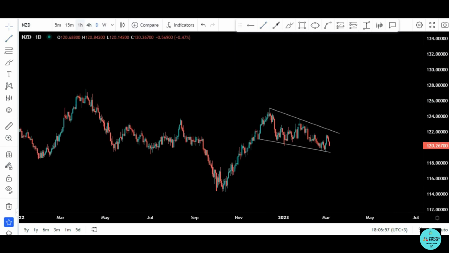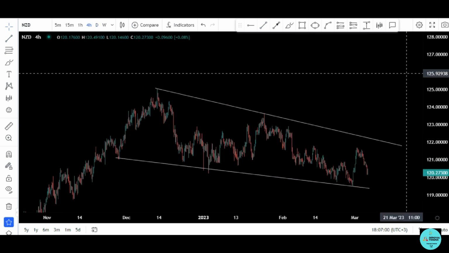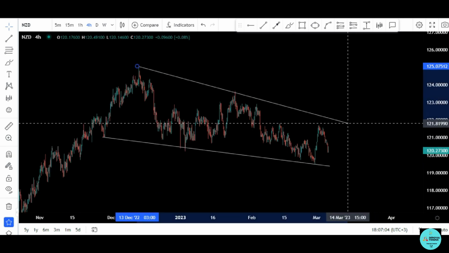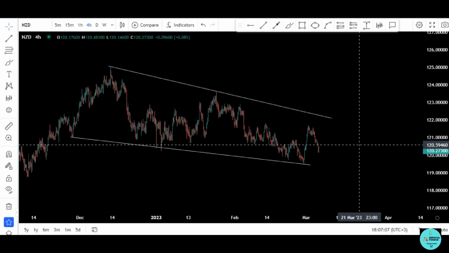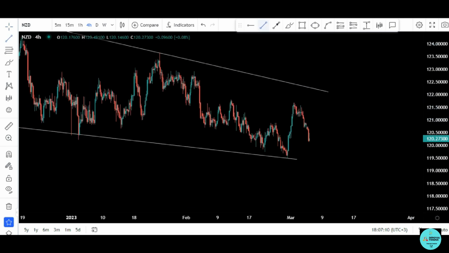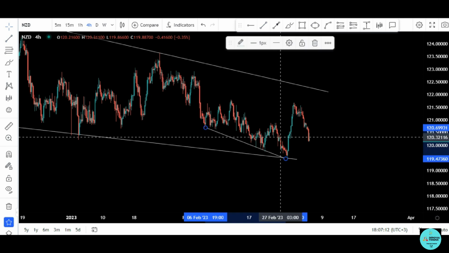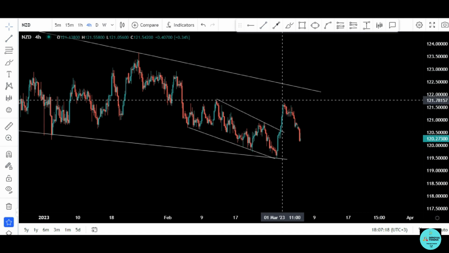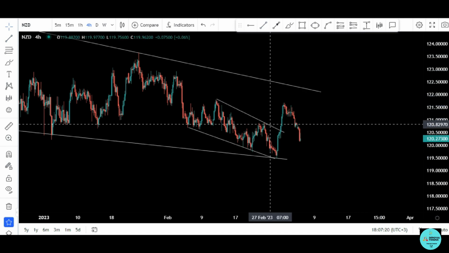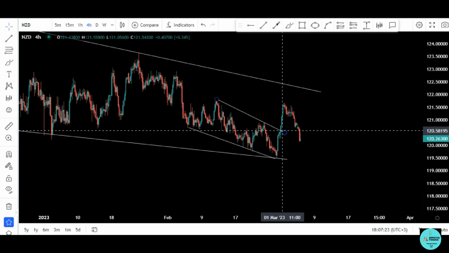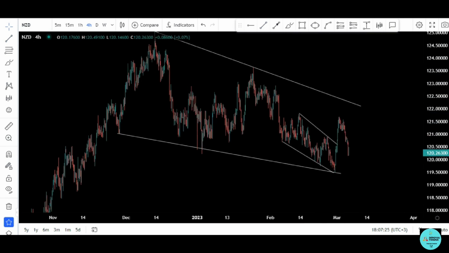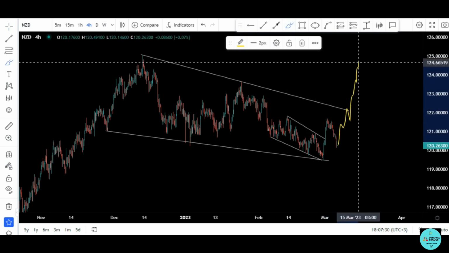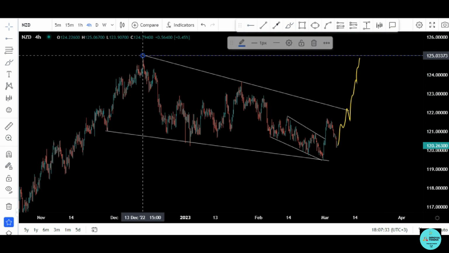now going down for 4-hour chart, yes guys, if we clearly look inside of this channel, yes, you see an impulse happened. Now the price is trying to retest where it broke from originally. So of course we are expecting NZD to go again for buy direction.